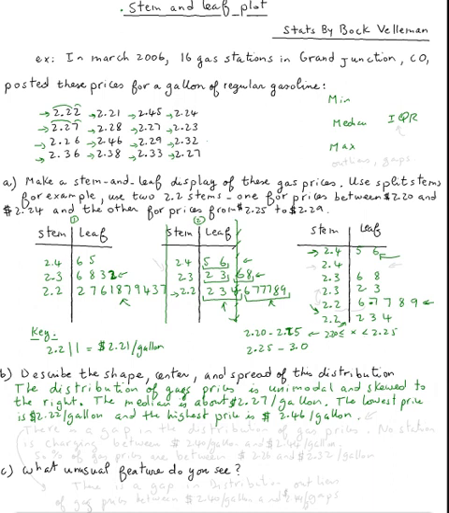Now after that you need to talk about if there's any outliers. Sometimes when there are no outliers, if there's gaps, you need to say. So in this case you cannot consider 2.45, 2.46 outliers. If you look at it here without splitting it, still I'm going to have to say there's a gap between 2.40 and 2.49, right?